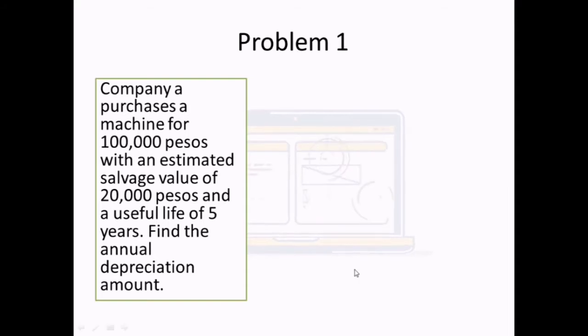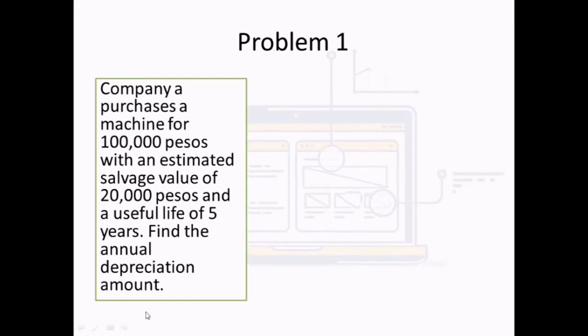So again, company A purchases a machine for 100,000 pesos with an estimated salvage value of 20,000 pesos and a useful life of 5 years. We were asked to find the annual depreciation amount of the said machine.